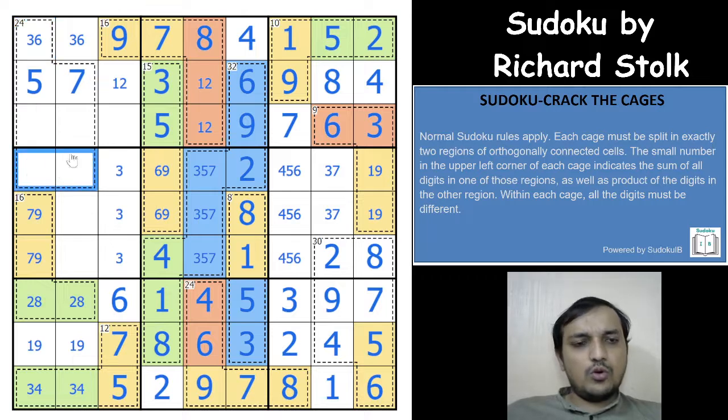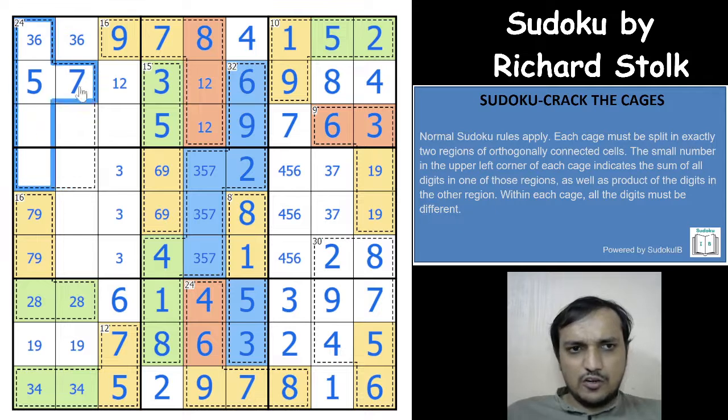So for example, 3 8 as a product is not possible, because if you have a 3 here, of course you cannot have a 3 here, and none of these 4 cells can be 3, so 3 8 of product is not possible. It has to be 4 and 6, and the eliminated number will have to be 2.